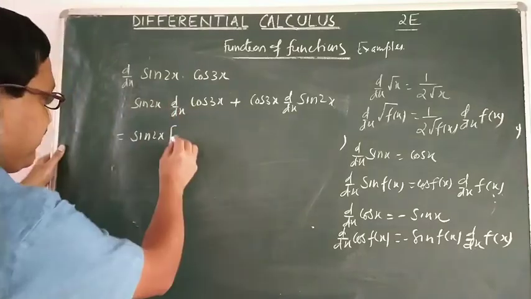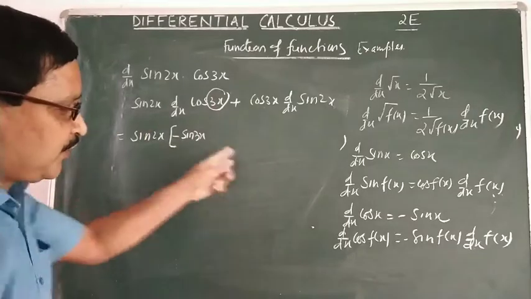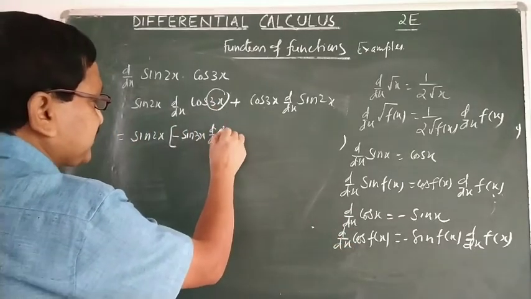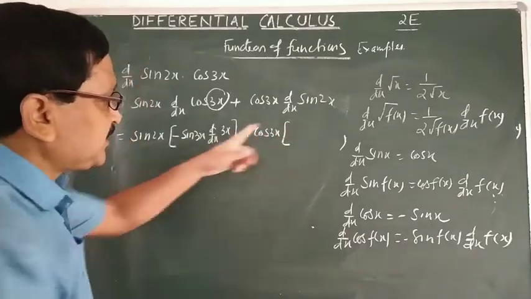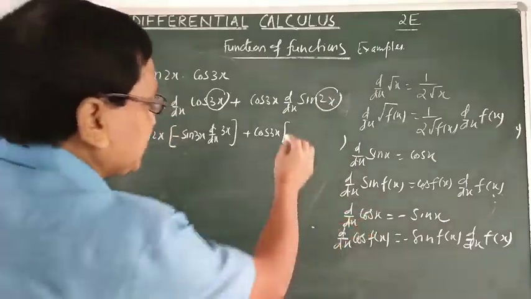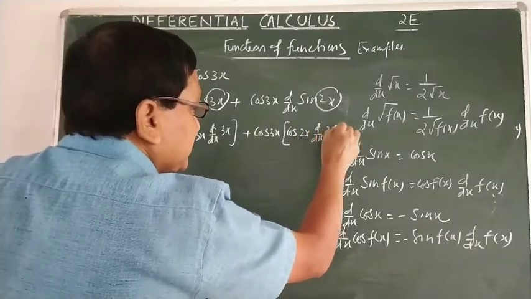Cos 3x gives minus sin 3x, and d by dx of what we call fx, 3x, plus cos 3x. Now differentiation of sin fx is again cos fx, so cos 2x into d by dx of 2x.